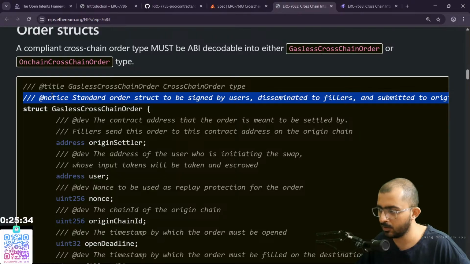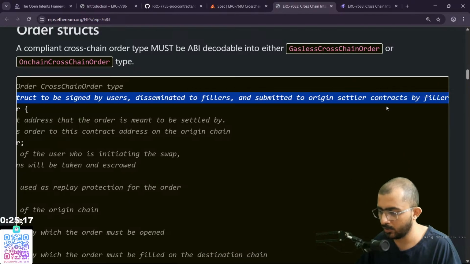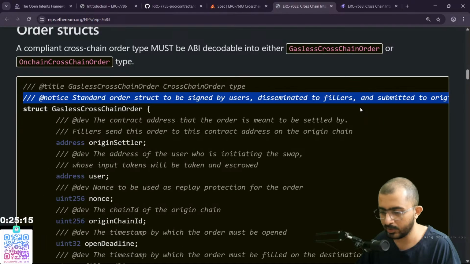Standard order struct to be signed by the user and given to the filler, and submitted to the origin settler contract by fillers. Okay.